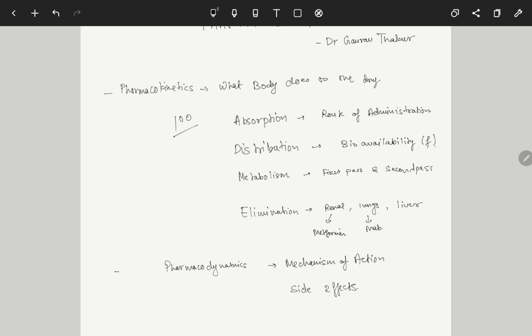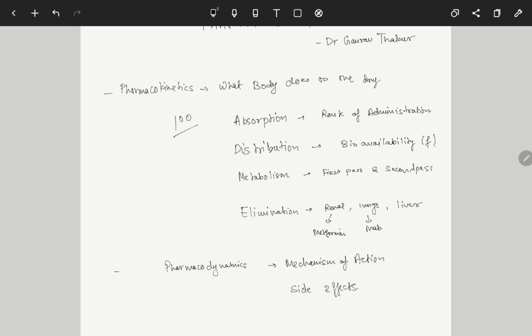First pass metabolism is done mainly by the liver, and some drugs are prodrugs, so the liver activates and metabolizes one chemical into another. Then this active compound acts in your body.